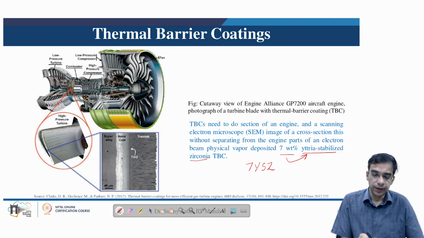In this we have a top coat, then we have a thermally grown oxide layer abbreviated as TGO, behind which we have a bond coat, and then the bond coat is applied on the superalloy, that is the nickel based superalloy out of which the gas turbine blade is manufactured.